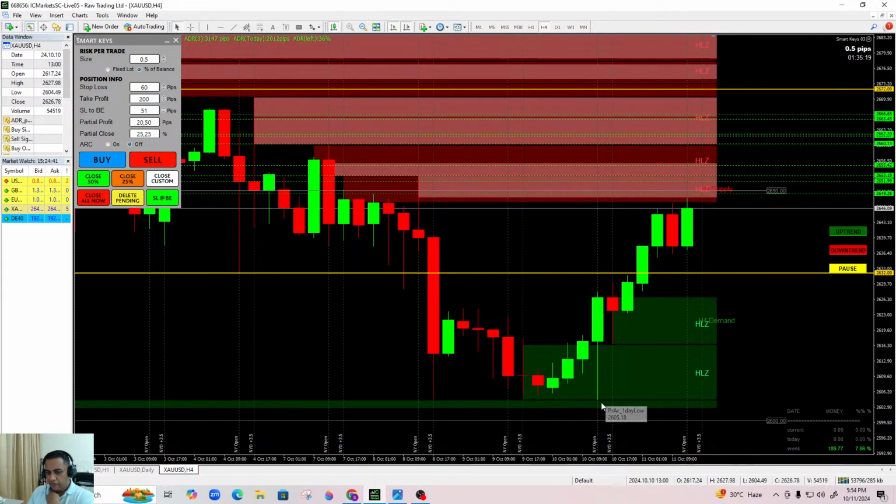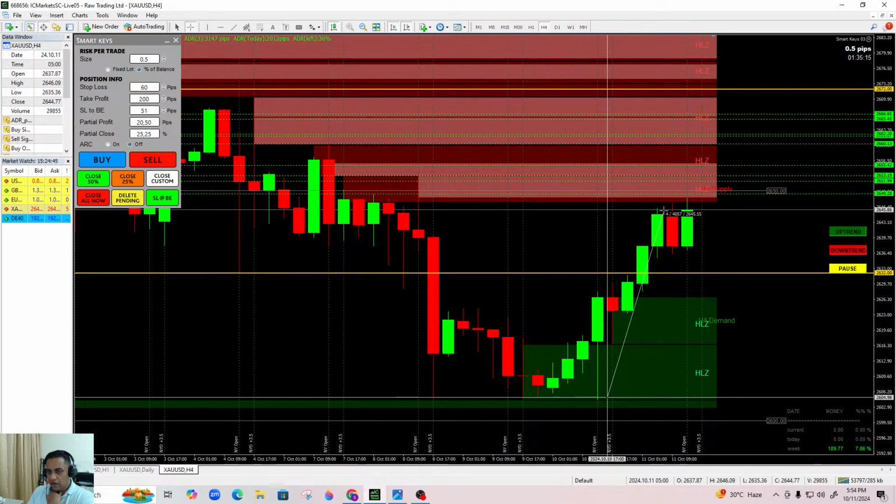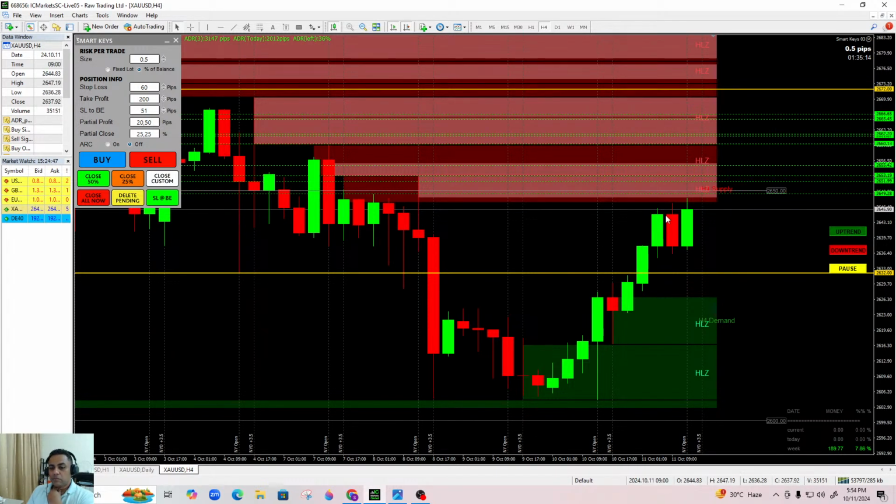And there is a 5-minute demand zone in there. It touched it and rallied up. So price will go to liquidity to continue in the opposite direction. So these numbers really don't mean anything.